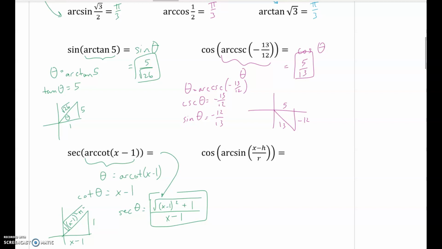So we'll just finish this up with one last example. Same idea. The angle right here is the argument. So we'll say that theta equals the arcsine of x minus h over r, which means that the sine of theta equals x minus h over r.